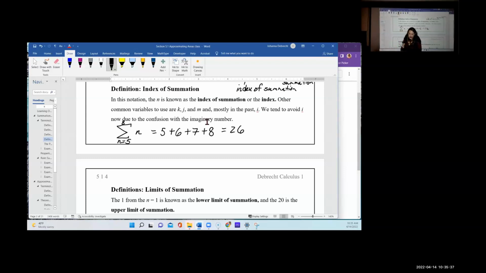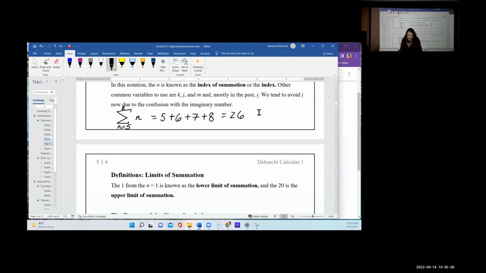And it works even if I have a different expression behind the number. So let's do the sum from n equals 2 to 5 of 3n plus 1.